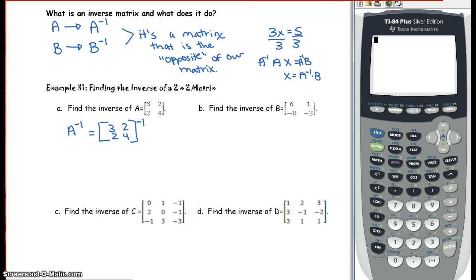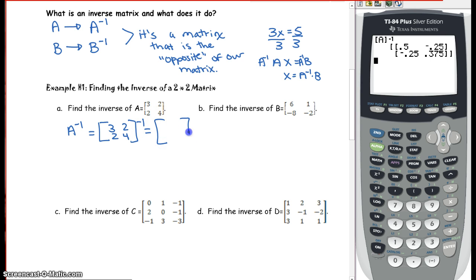Now I'm going to recall that matrix, and what I'm trying to do is find the inverse. I do second matrix again, and I want A because that's where we put that information. The inverse button is exactly where the matrix button was, but now you don't have to press second. You just press the button, and that's A inverse, similar to what I wrote on the paper. Then press enter, and that is our inverse.